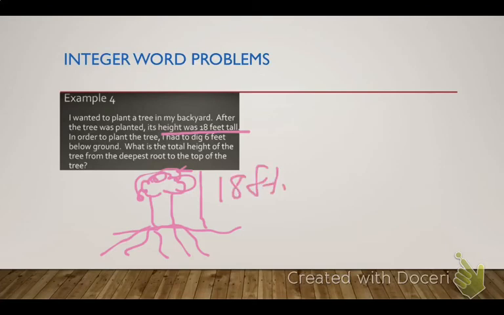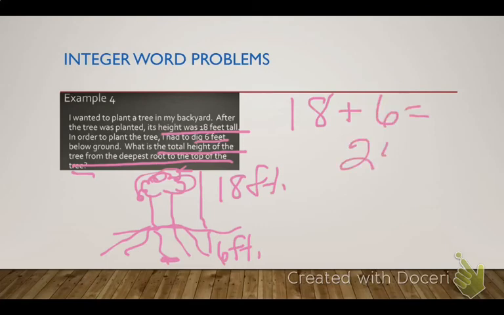And from the deepest part of the root to the top of the ground is another 6 feet. And the question is asking, what is the total height of the tree from the deepest root to the top of the tree? So that's 18 added to 6, and the total distance is 24 feet.